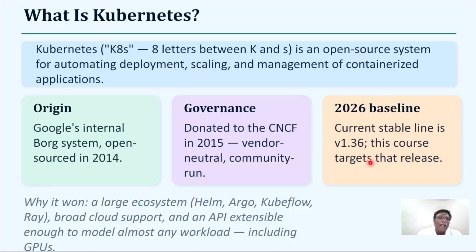We also had broad cloud support since Google was involved, and an API extensible enough to model almost any workload including GPUs. So Kubernetes is not just for GPUs, it would do that for CPUs as well.